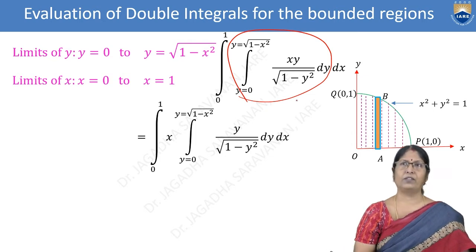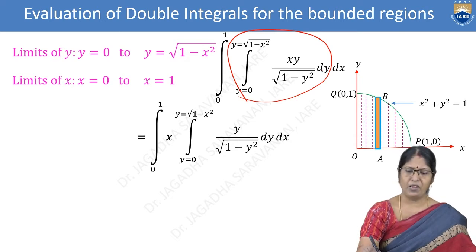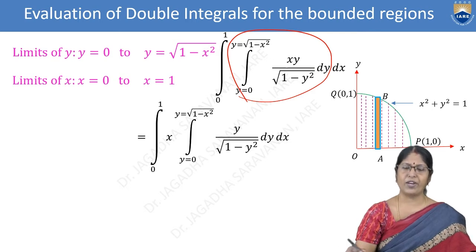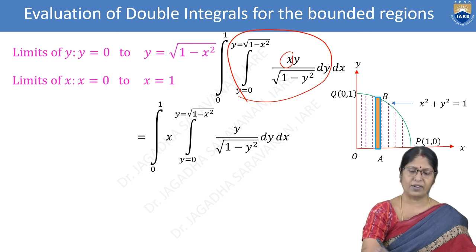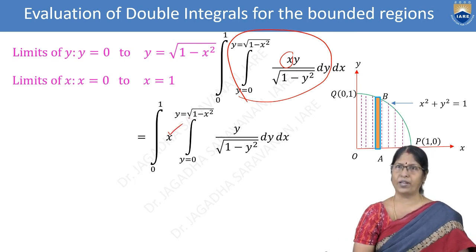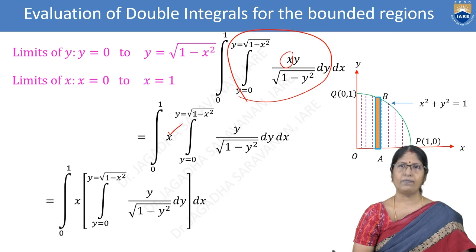Keeping it as it is, we can do it, nothing wrong in it, but we don't want to complicate this problem. Anyway, we do it with respect to y, and x can be treated as a constant. This way we avoid confusion and unwanted errors and mistakes.